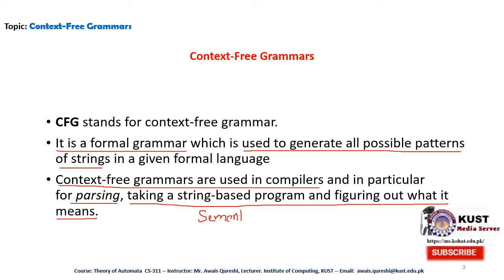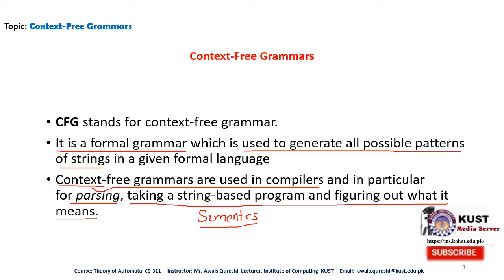This is called semantics. When we talk about the meaning of the program, it comes under the semantics phase. So context-free grammars are used in a compiler, and in which component of the compiler? The answer is the parser, or the parsing step.